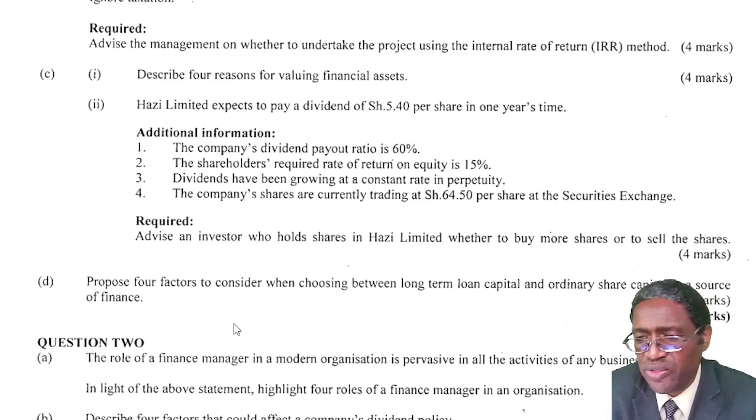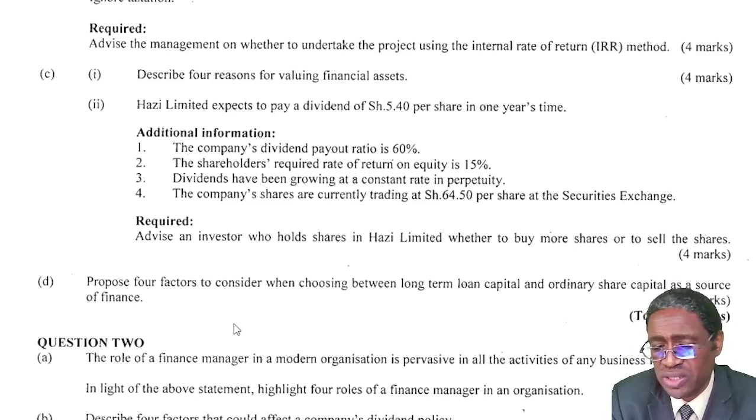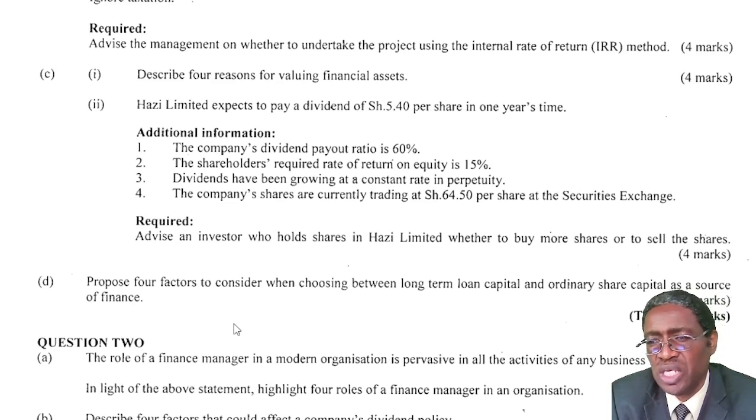Am I using the compounding growth rate method, or am I using the retention method? If you look at number 1, we are given the dividend payout of 60%.